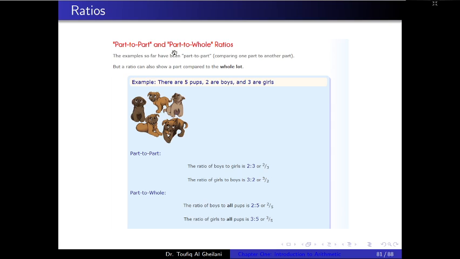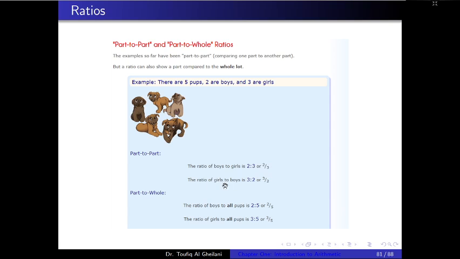Ratios can be part to part and part to whole. For example, here there are 5 dogs, 2 of them are boys and 3 are girls. Part to part, the ratio of boys to girls is 2 to 3, or 2 over 3.